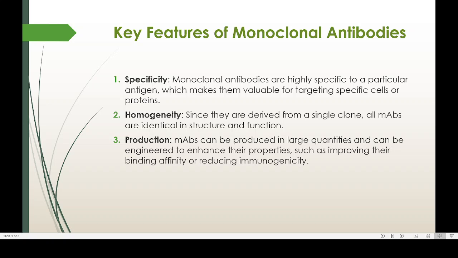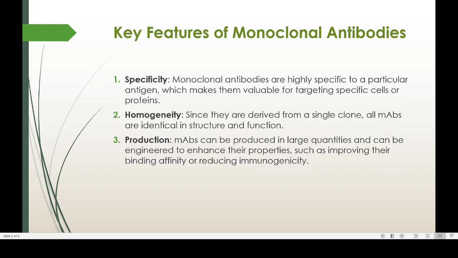We also have the ability, by utilizing our research methods, to improve their binding affinity and the effectiveness of the antibody. So these are some important features of monoclonal antibody.